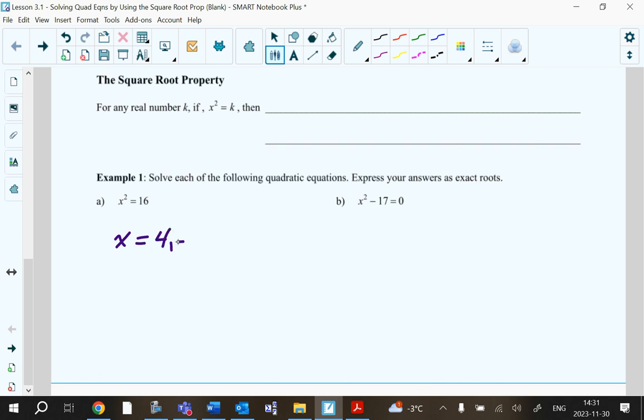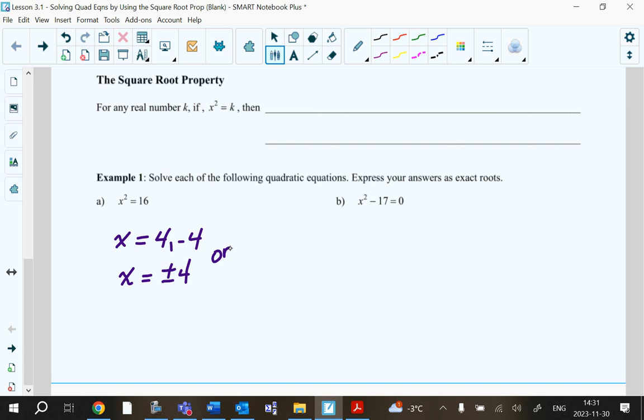Or a way that we could write it in one step is that notation, plus minus 4. So when we solve x squared, if we're given x squared is equal to some number, we can solve for x by taking the positive and negative square roots.